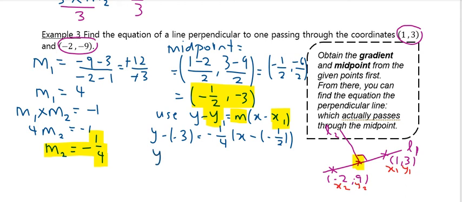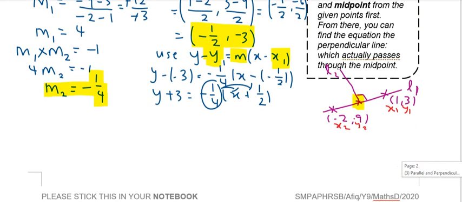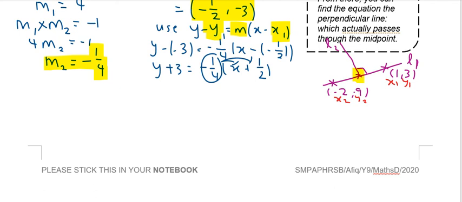Now y minus negative 3, minus meets minus becomes plus, and then negative 1 quarter bracket x plus half. So you have to expand this, and from here y plus 3 equal negative 1 quarter x, and then negative meets the positive, it becomes negative 1 out of 4 times 1 out of 2, you will have 1 out of 8.